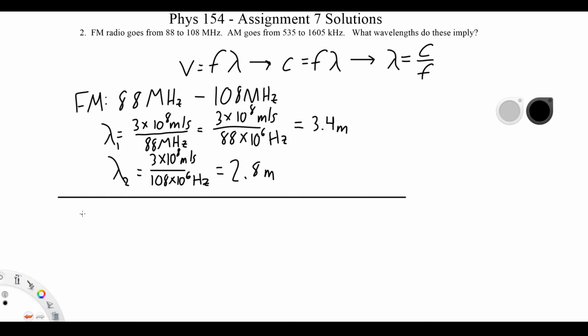For AM radio, we of course have different values for the frequency, where our frequency ranges from 535 kilohertz all the way to 1605 kilohertz.